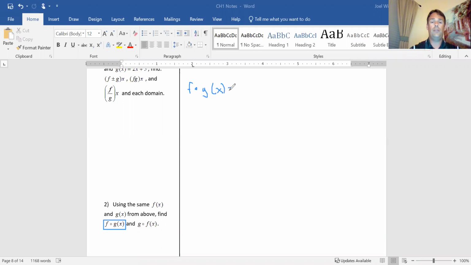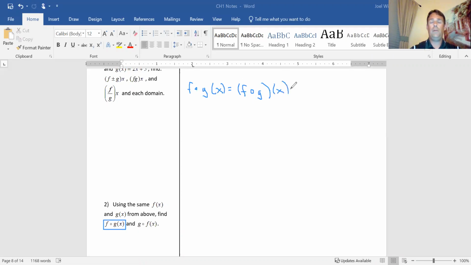Some people like to write it this way, where they put the functions in this O. You have to remember, this isn't the letter O. That is the operation of, which means composite.